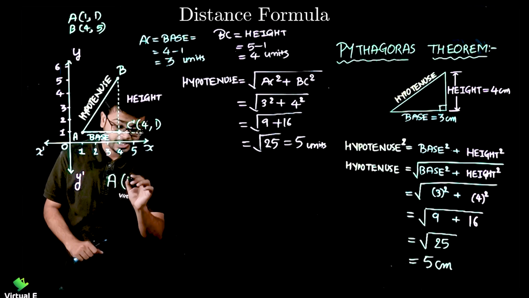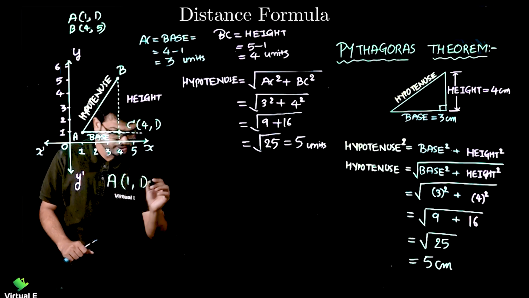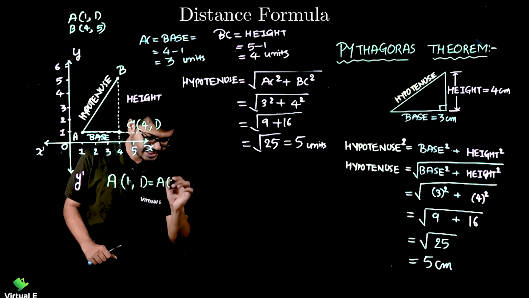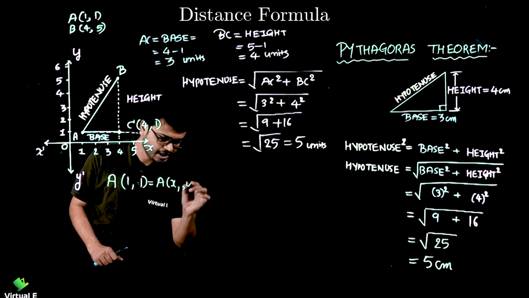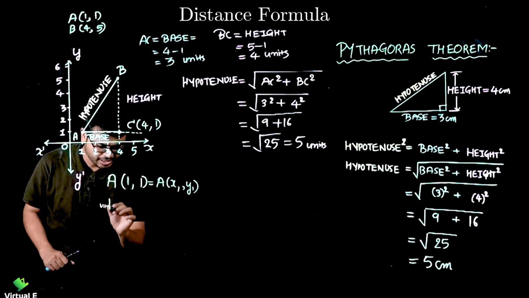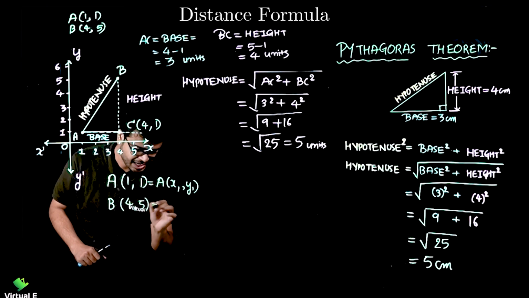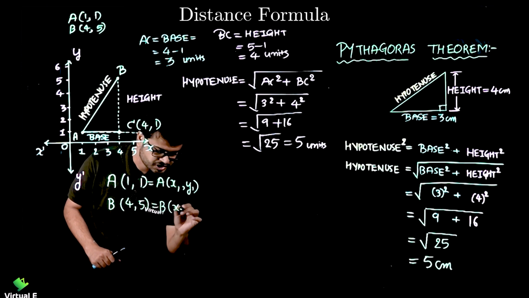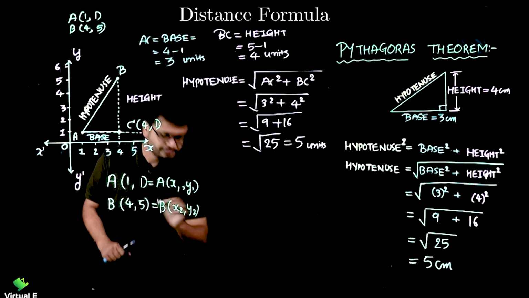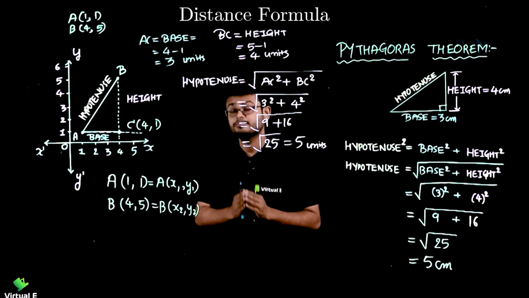A is (1, 1), and I am going to take A as x1, y1, and B, which is (4, 5), I will take as x2, y2. I want to make a formula.